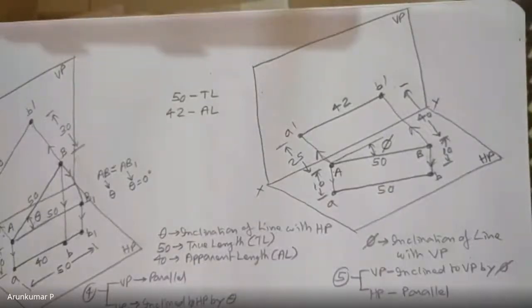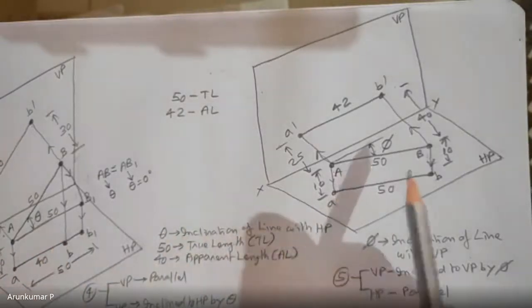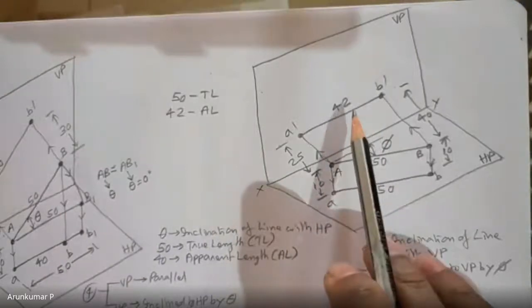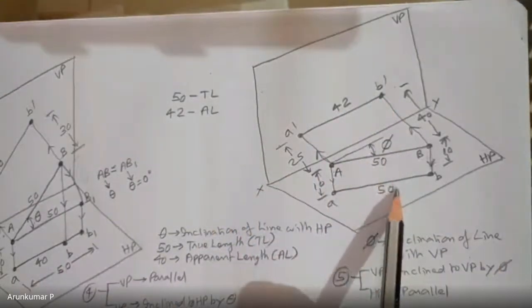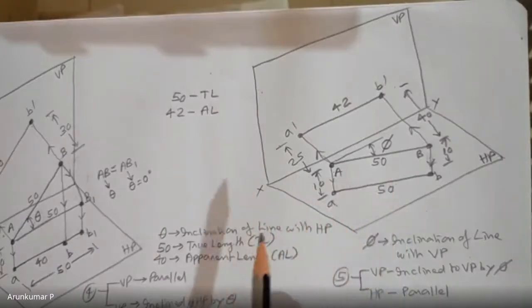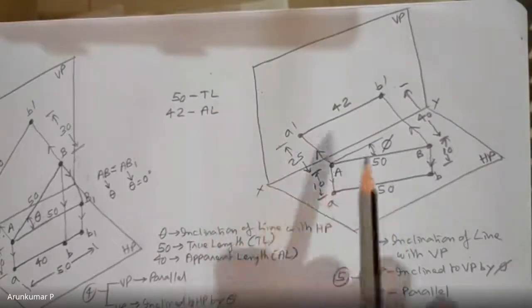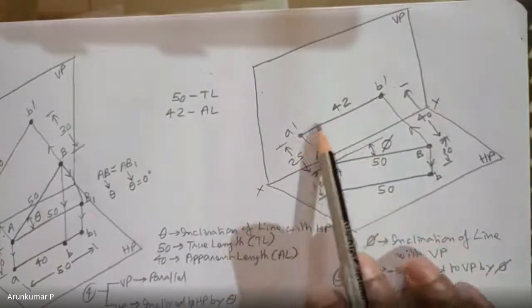Okay, so it is the reverse case of the fourth, the opposite case of the fourth. Here in the fifth, you are getting an apparent length in the front view, whereas you are getting the true length in the top view.